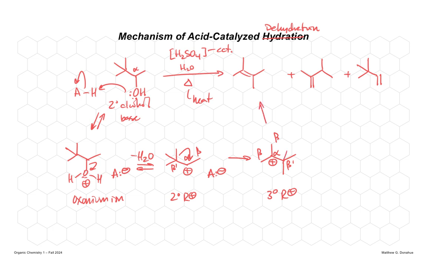So to show that, now we'll invoke that conjugate base to abstract that proton and reform the pi bond. If you eliminated from one of the beta carbons, so either of those CH3 groups, so I'll just say from beta prime, this would be from beta.